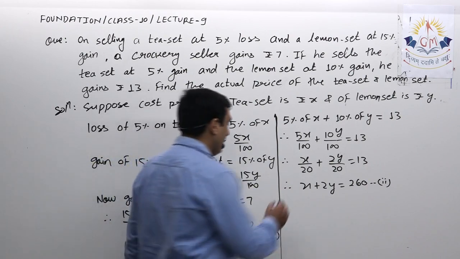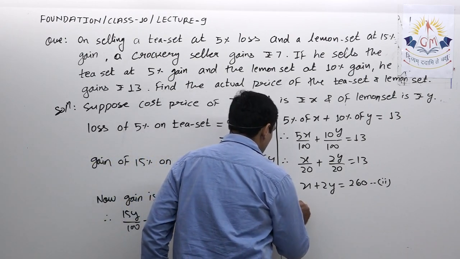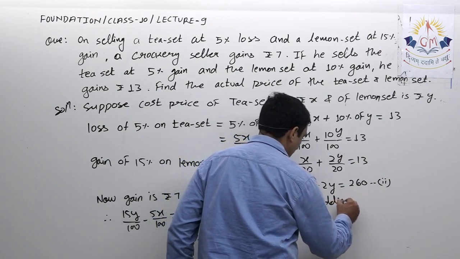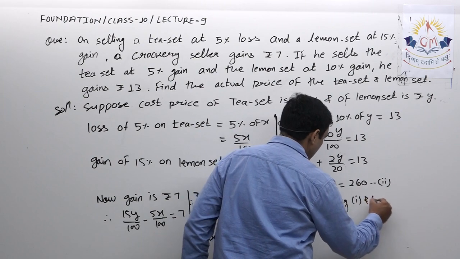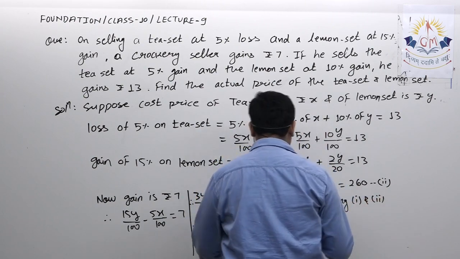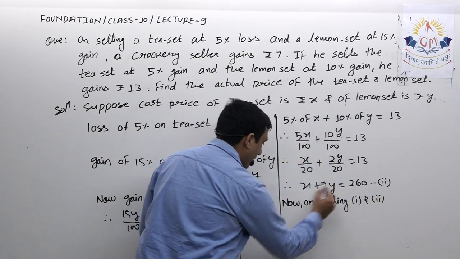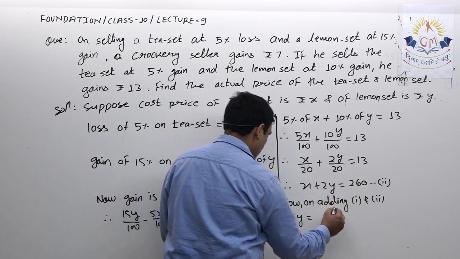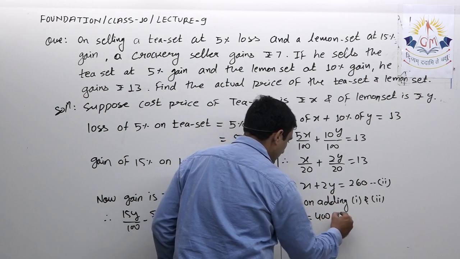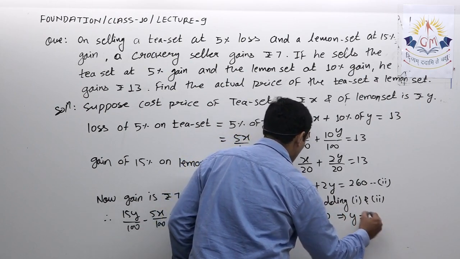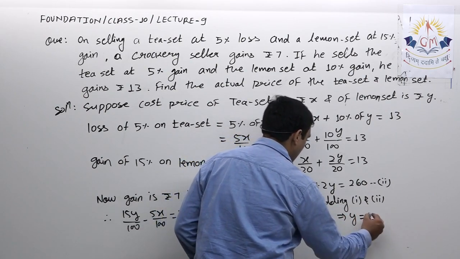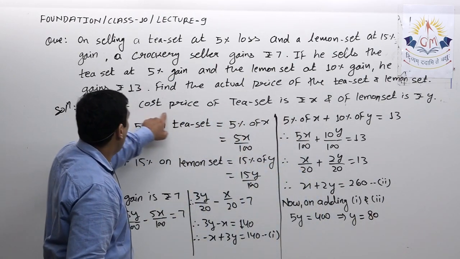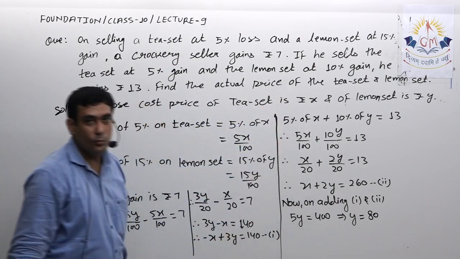Now on adding first and second, plus x minus x will cancel out, 3y plus 2y, 5y is equal to 400, that is y is equal to 80. That means the cost of lemon set is rupees 80.